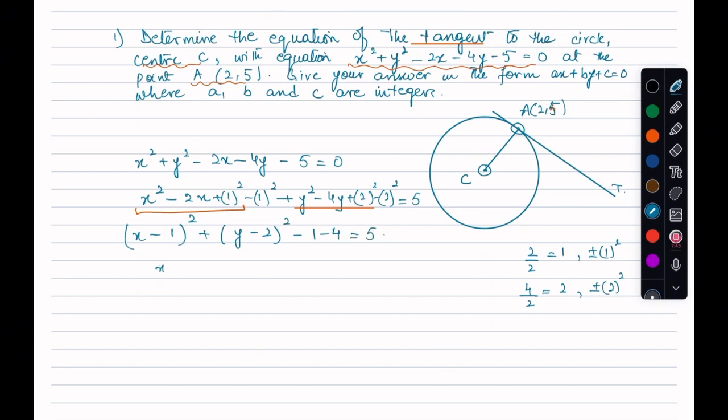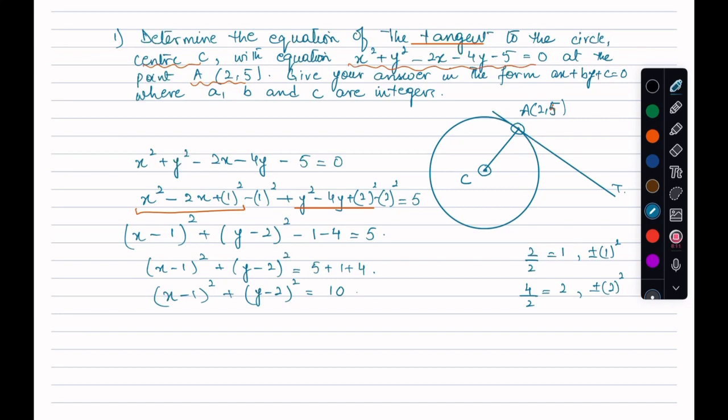Or I can say that this is x minus 1 the whole square plus y minus 2 the whole square. This is equal to 5 plus 1 and plus 4. Or I can say that this is x minus 1 the whole square plus y minus 2 the whole square, and radius square will be equal to 10, meaning the radius then is under root 10.